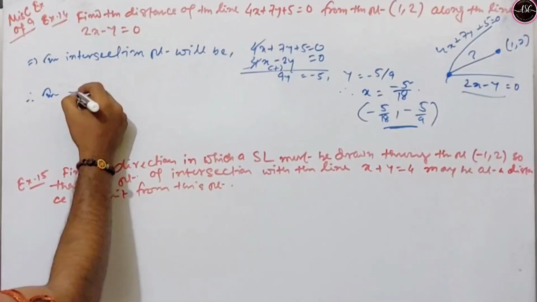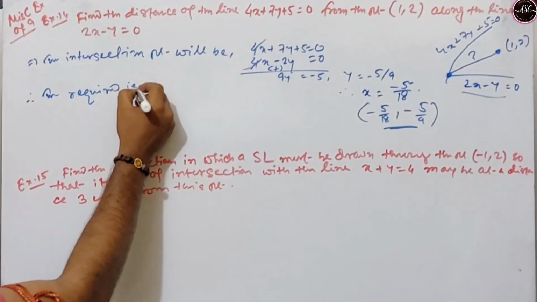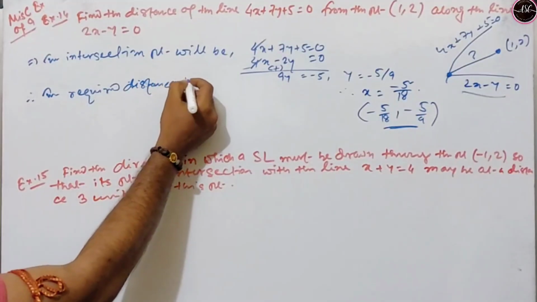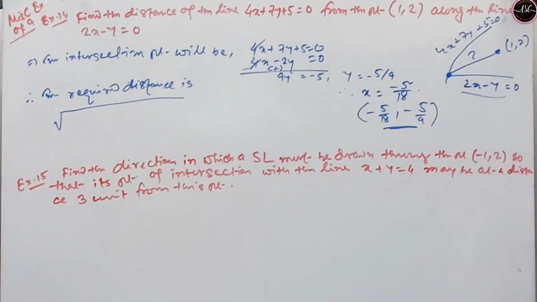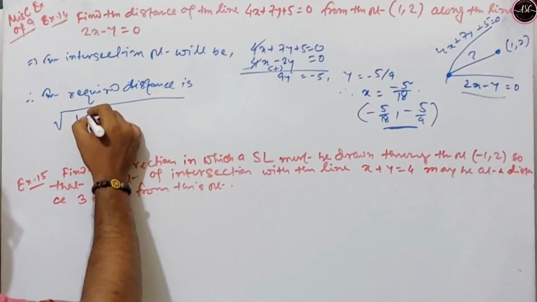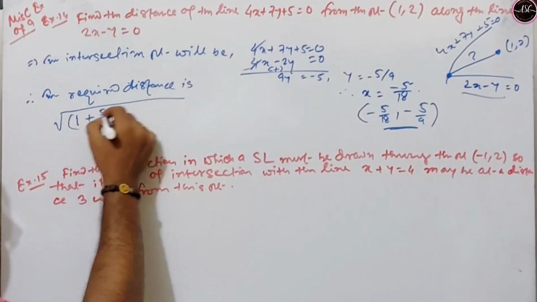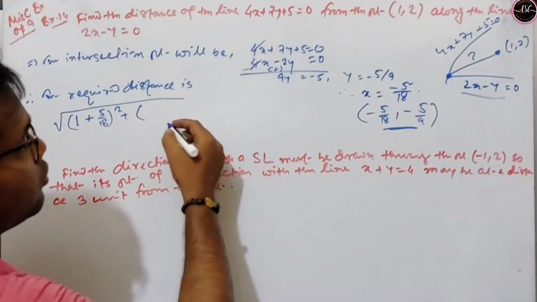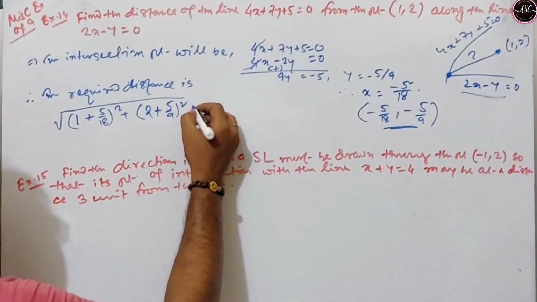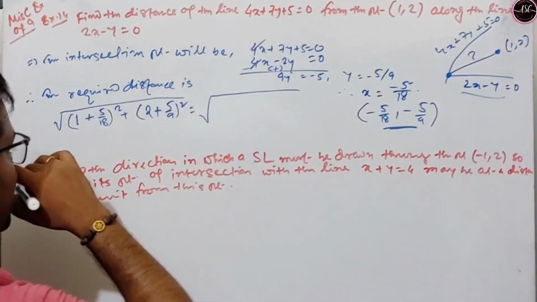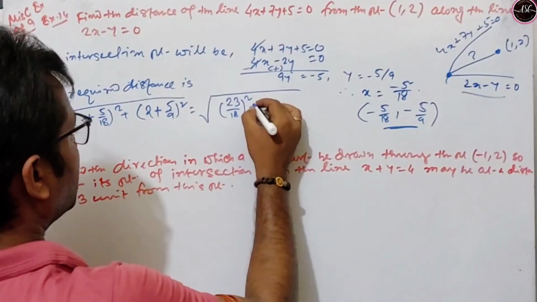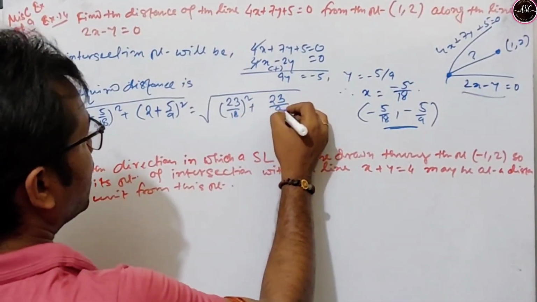Therefore the required distance is root of x2 minus x1, that means 1 minus, that will be plus 5 by 18 square, plus y2 minus y1, that means 2 minus, that will be plus 5 by 9 whole square. That means 23 by 18 whole square plus 23 by 9 whole square.